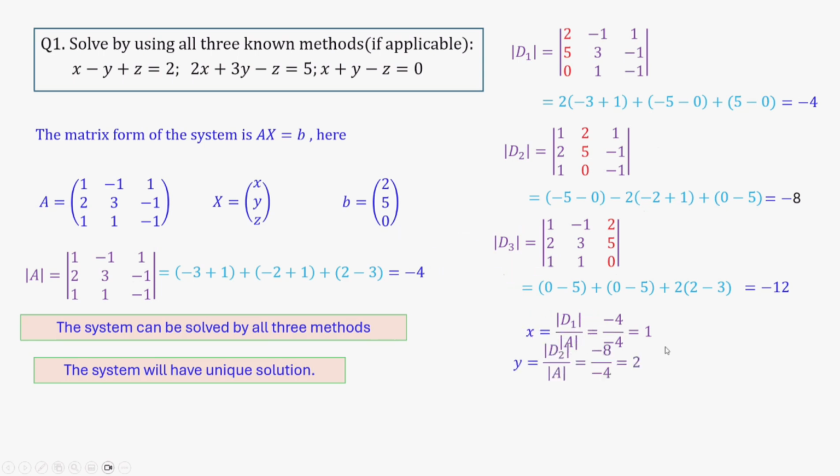Then y is, in the same way, determinant D2 over determinant A, minus 8 over minus 4, equal to 2. And then z is equal to determinant D3 over determinant of A, which is minus 12 over minus 4, equal to 3. Therefore, the solution is 1, 2, 3, as in the previous method.